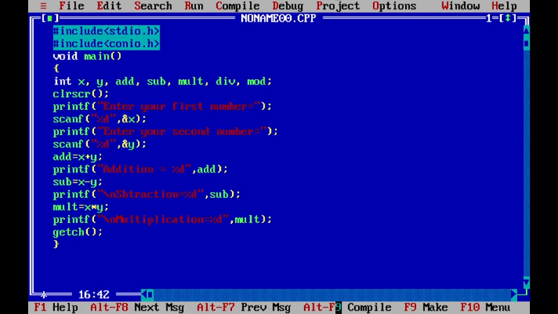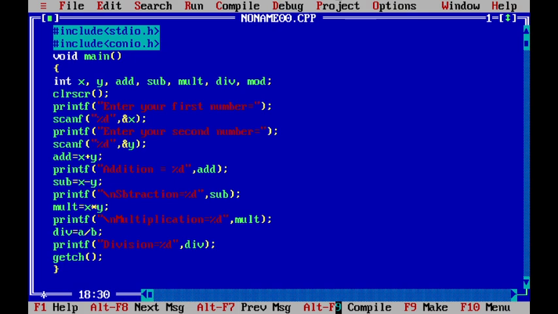Now next we want to determine division. We use a variable div for division is equal to x divided by y, and printf "division is equal to %d", div.